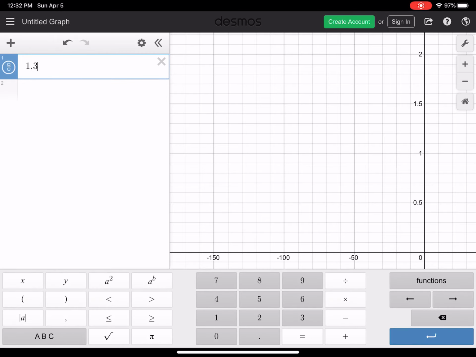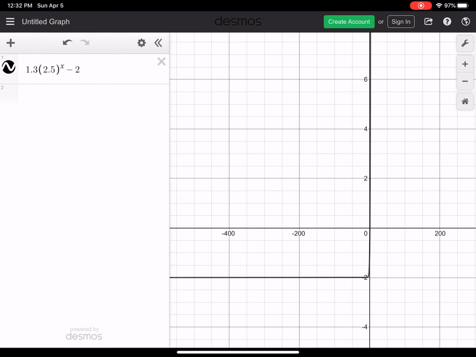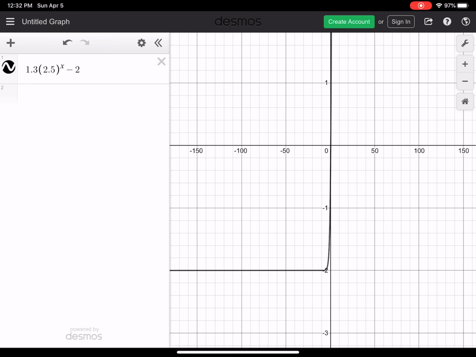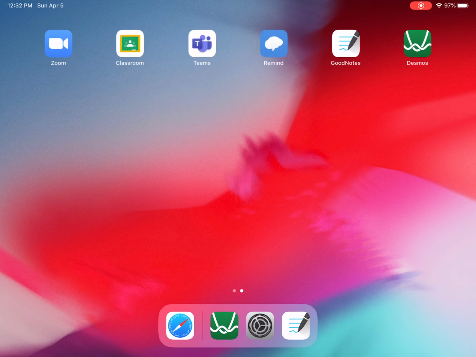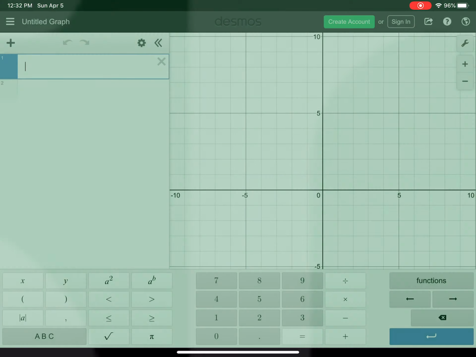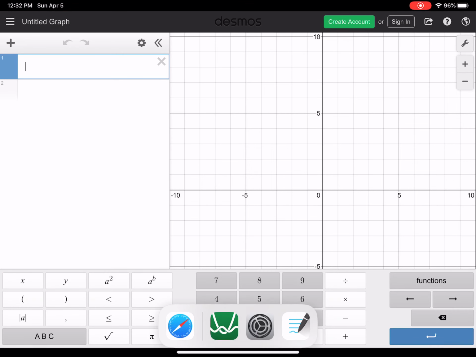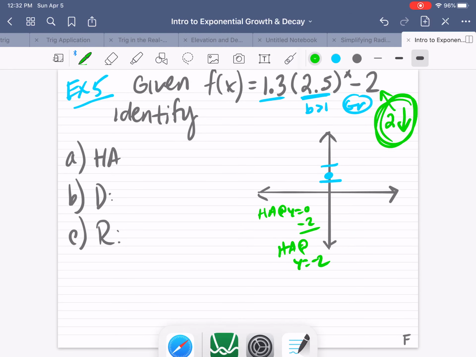So it is 1.3 times 2.5 to the power of x minus 2. Here, let me start over on this. So y equals 1.3.